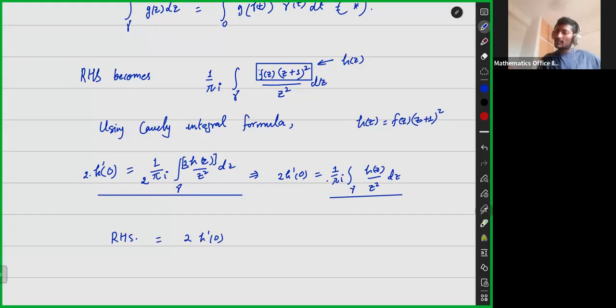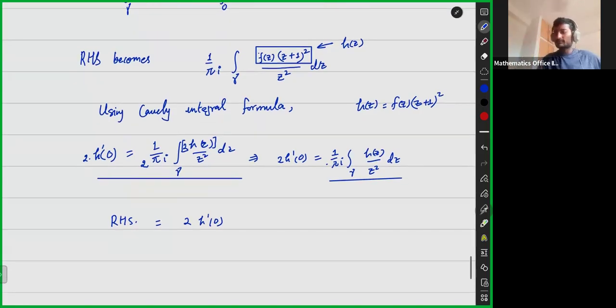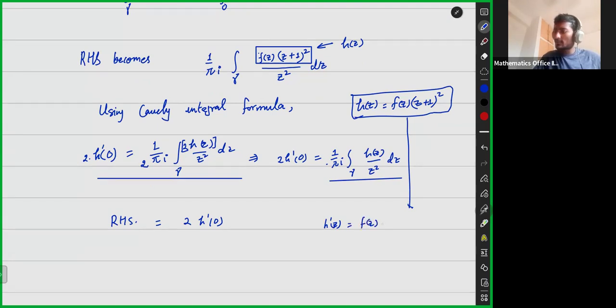Okay, what is h prime at 0? Now we calculate this. So h prime at z is equal to f(z) into (2z plus 1) plus (z plus 1) into f prime at z.